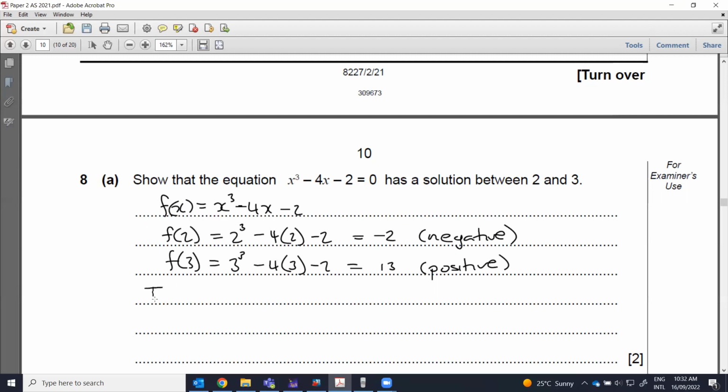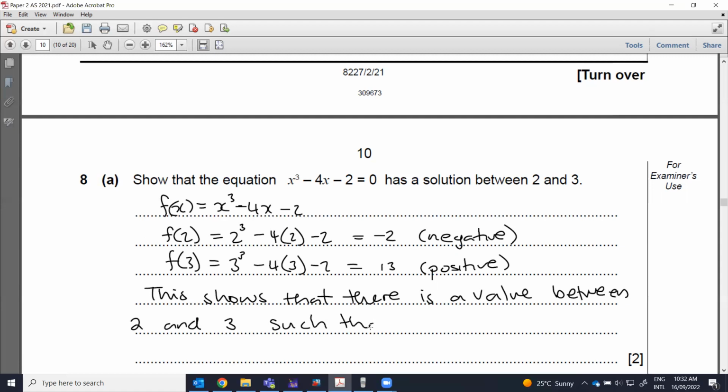So this shows that there is a value between 2 and 3 such that f(x) = 0. You can find a value between 2 and 3 that gives you 0, since it changes from negative to positive when you go from 2 to 3.